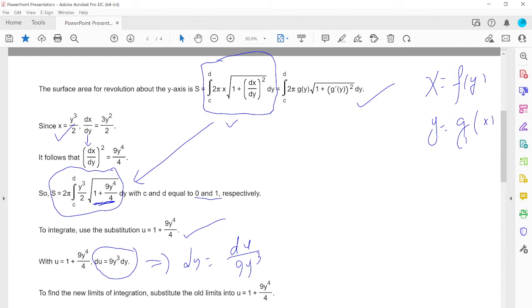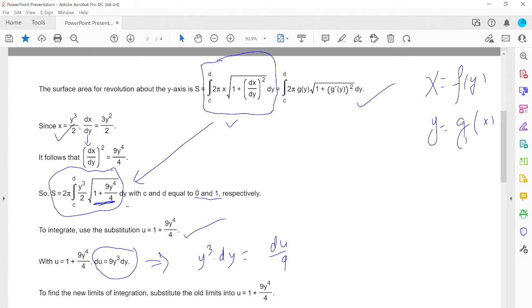But you can see y cubed is already here, so y cubed times dy can be replaced by du over 9.